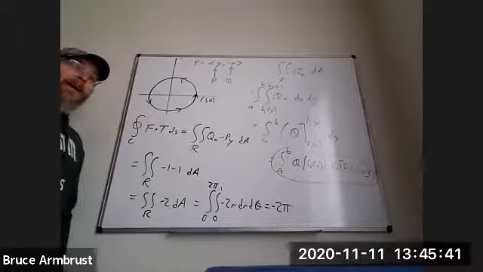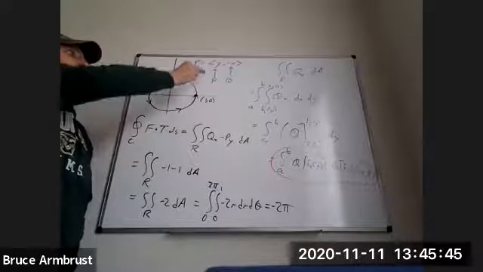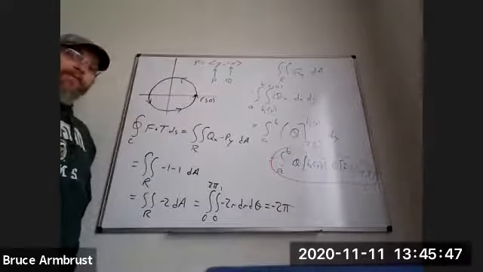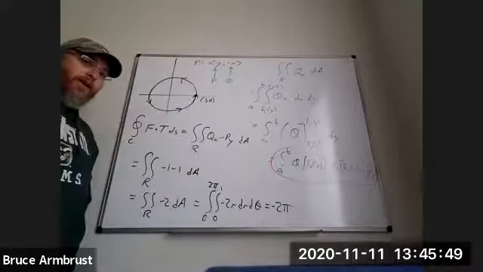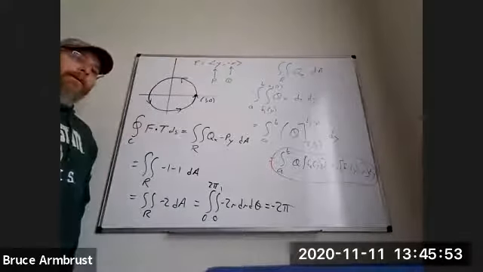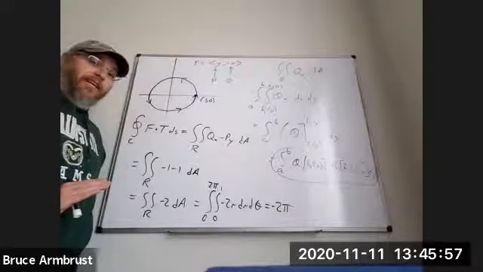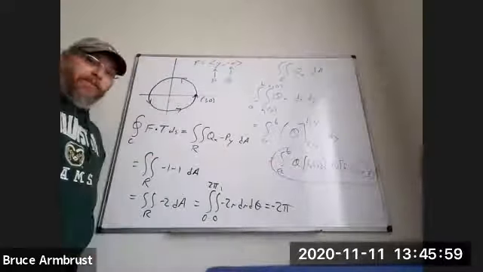All right, so now what we know is that if we've got this particle, and we move it on this path in this field, the field is going to do negative work. That means that the field lines overall are pushing against the direction of travel.